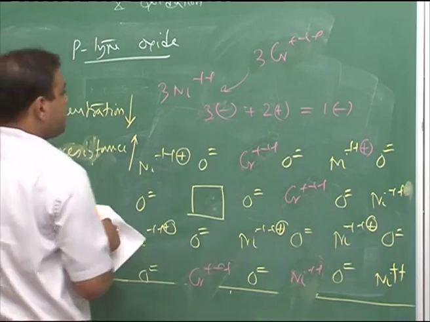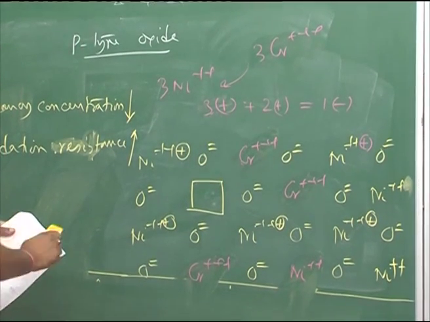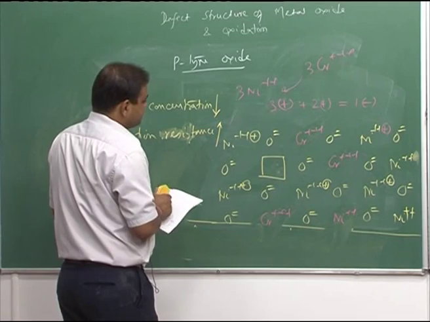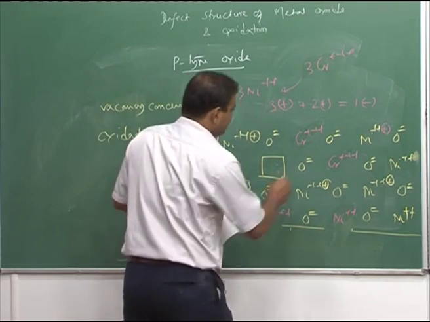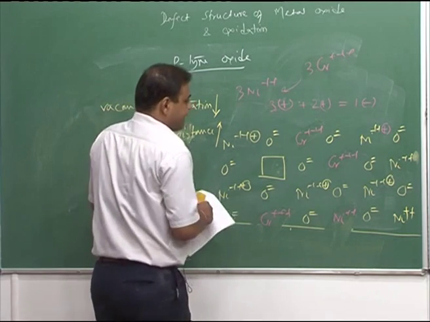So, that means here we have 3 extra positive charges. In order to balance that, there could be creation of more vacancies.